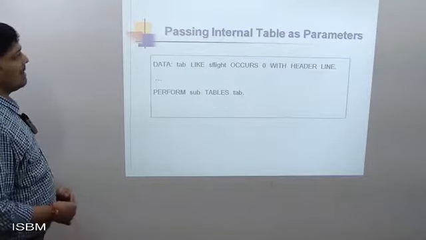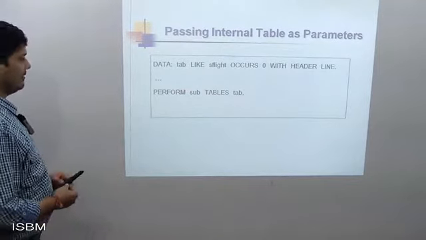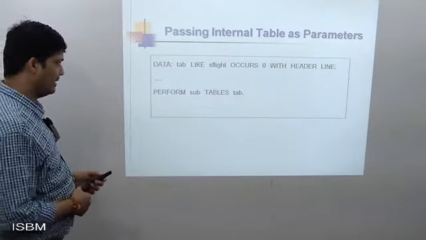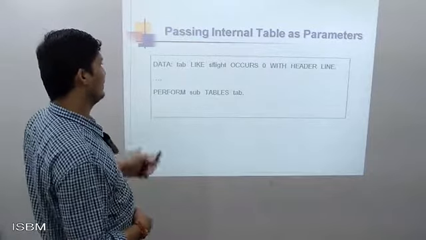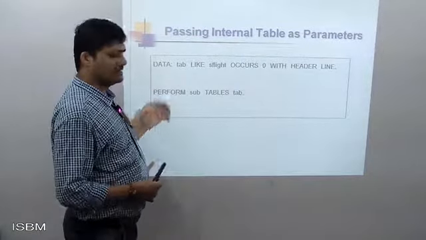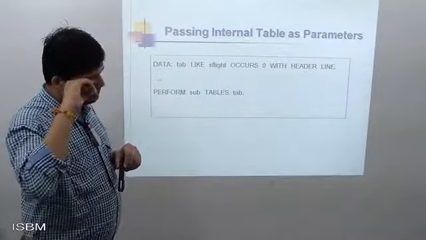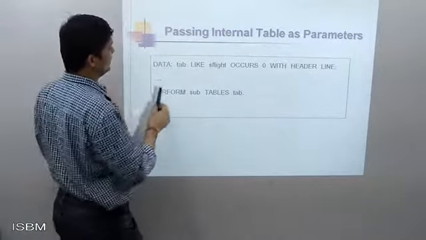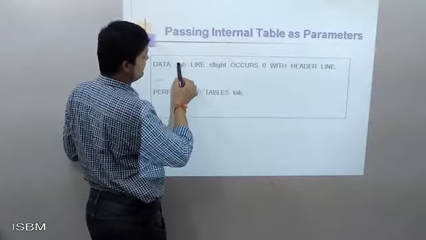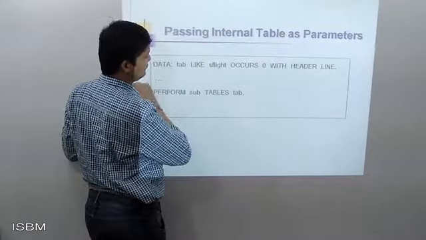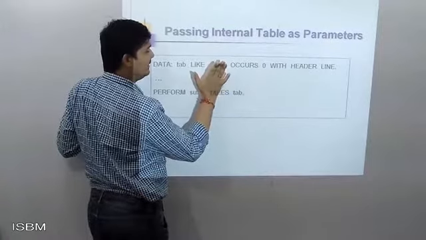Next, passing an internal table as a parameter. What we write when declaring the internal table is data tab, your internal table, like S flight, which is nothing but your database table.